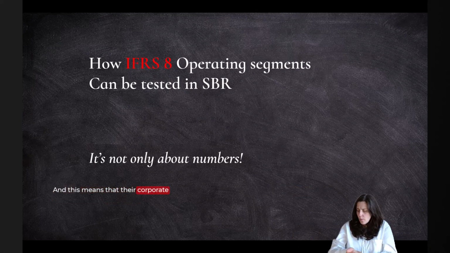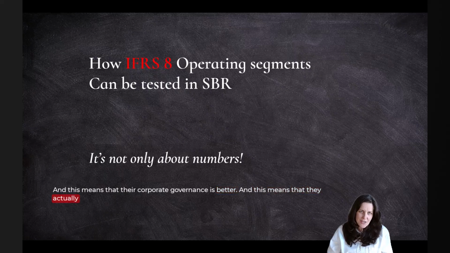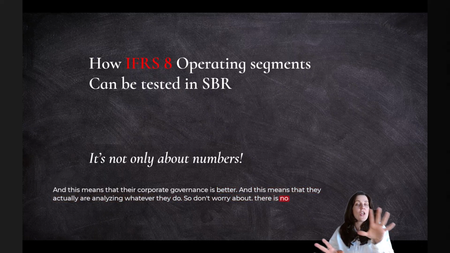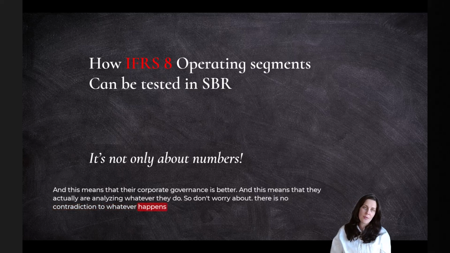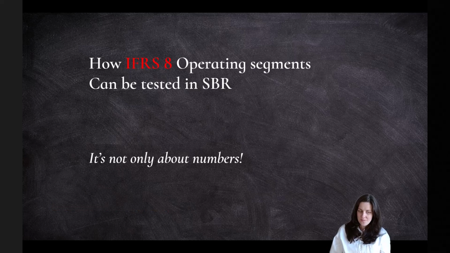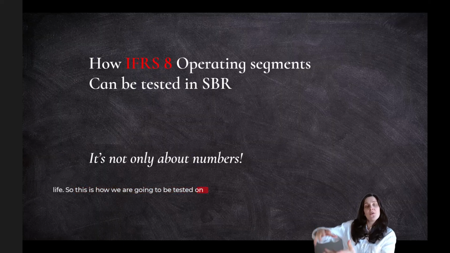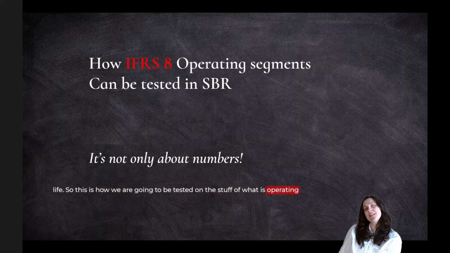And this means that the corporate governance is better, and that they actually are analyzing whatever they are doing. So don't worry about that. There is no contradiction to whatever happens in real life. So this is how we are going to be tested on this first step, operating segments.